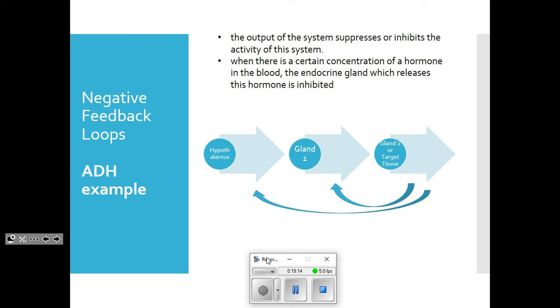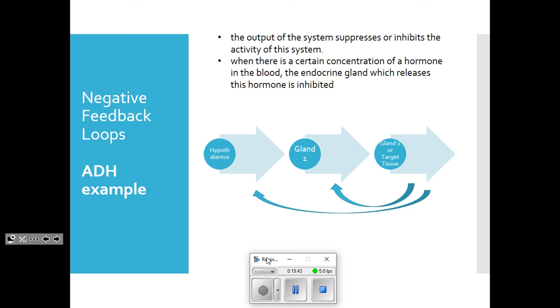And then feedback tells us that something is going to go back to where it came from or back to the beginning. So if I put it together, my negative feedback loop in the context of hormones is talking about when the output of the system, so the thing that's being produced, suppresses or inhibits the activity of the system.